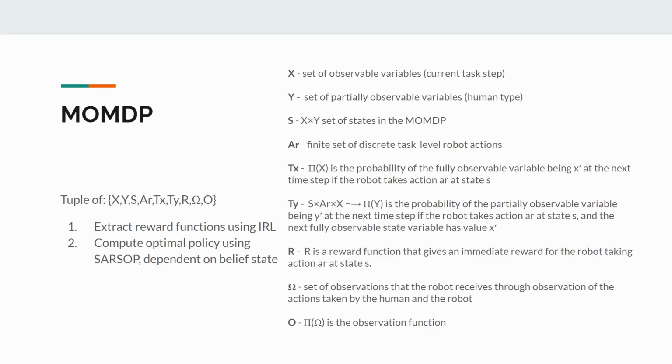Y is the set of partially observable variables, such as your human type, with S being the set of states in the Markov decision process, A being the set of actions that you can take, Tx being the transition probability matrix for your task steps, Ty being the transition probability matrix of your human types, R being the reward function, omega being the set of observations the robot receives in the online phase, and then O being the probability function of an observation based off of your state.